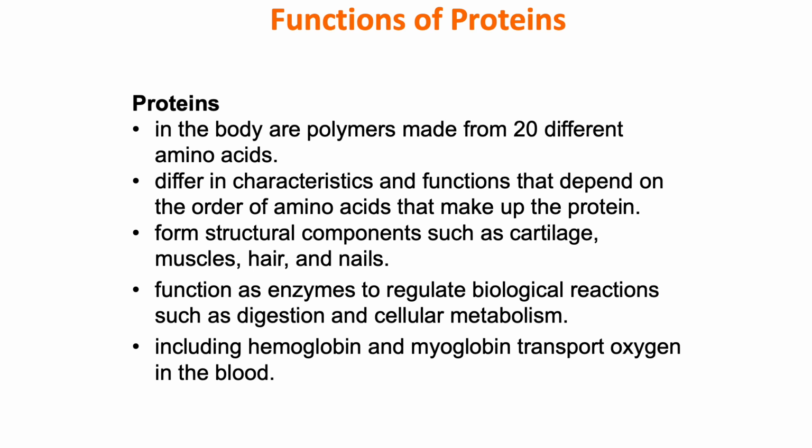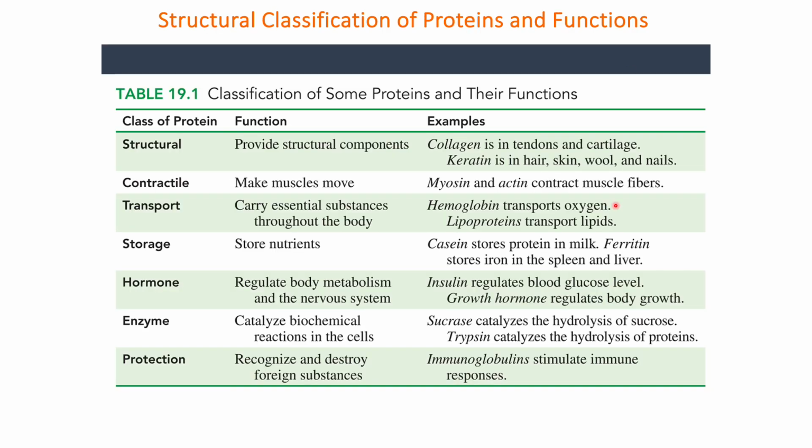The structure and function of proteins depends on the order of amino acids that make them up. For example, they form structural components such as cartilage, muscles, hair, and nails. They can function as enzymes to regulate biological reactions such as digestion and cellular metabolism, and hemoglobin and myoglobin transport oxygen in the blood. Here are just more examples of proteins and their functions.